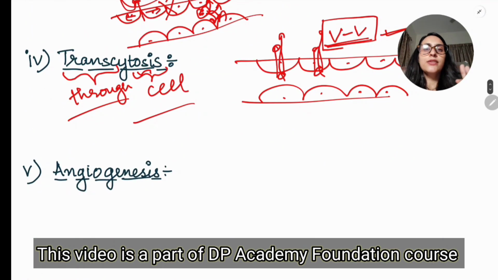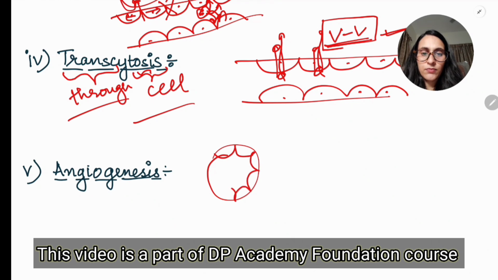Now coming to the last mechanism of increased vascular permeability, which is angiogenesis. Angiogenesis means new blood vessels. If this is a mature blood vessel, it is lined by endothelial cells, and these endothelial cells are nicely packed. Inside here is the lumen of the blood vessel through which the blood flows.